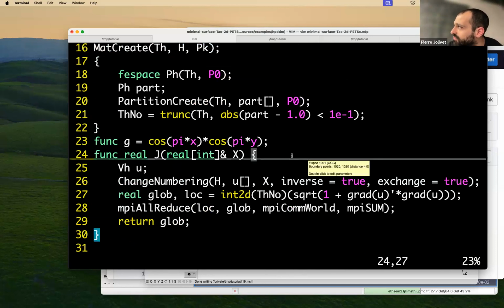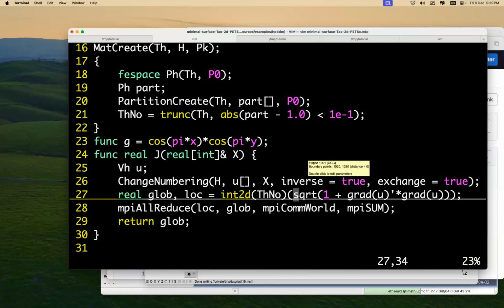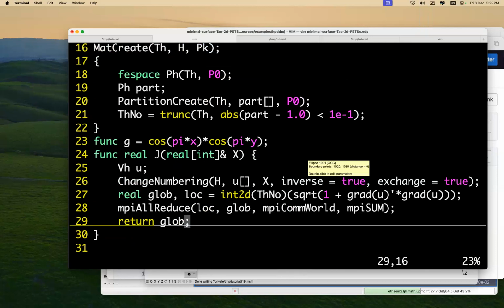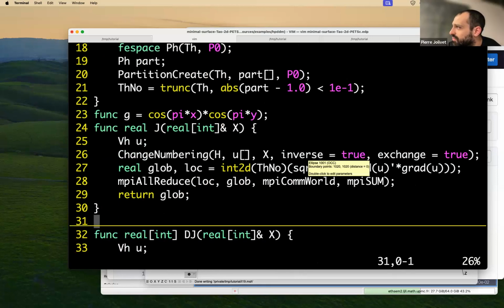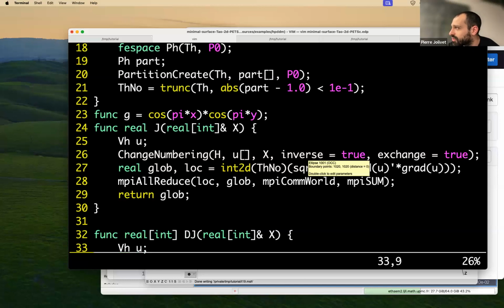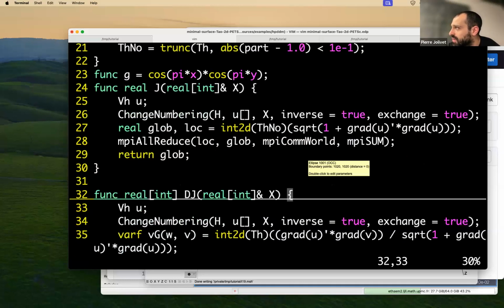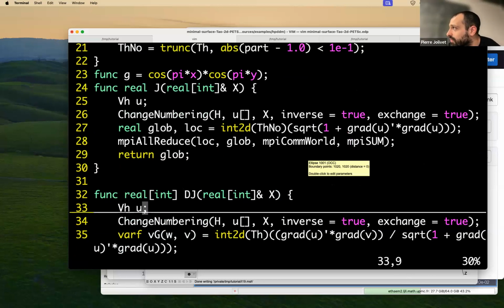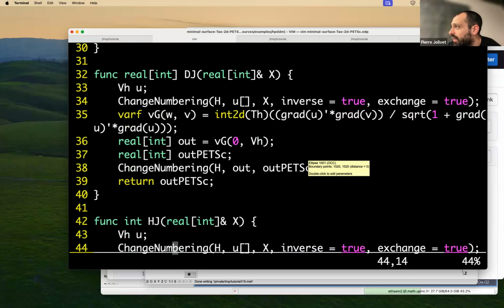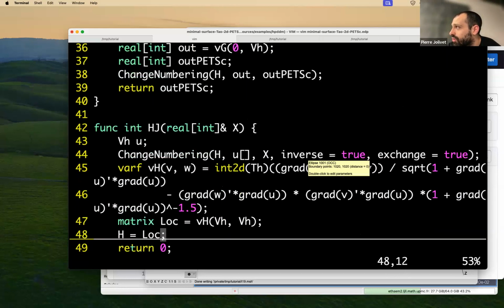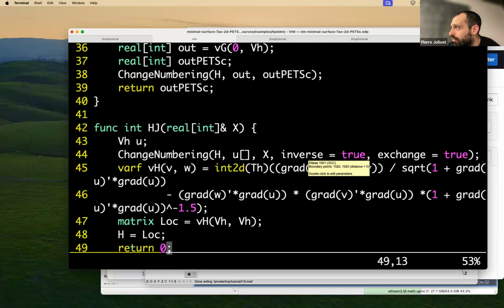For example, the cost function J, which will return a scalar, the derivative of the cost function, which returns an array of reals. And I think there is also the Hessian, which computes a Hessian, so a matrix.